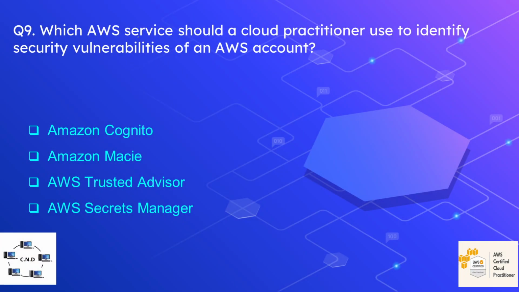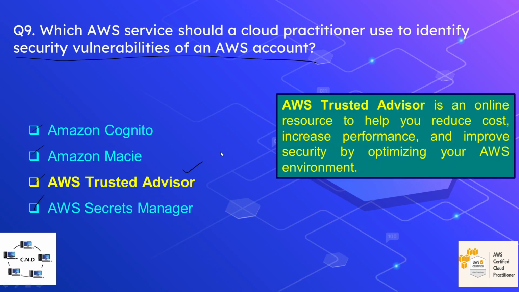Question number 9 is, which AWS service should a cloud practitioner use to identify security vulnerabilities of an AWS account? And the options are: option A, Amazon Cognito; option B, Amazon Macie; option C, AWS Trusted Advisor; and option D, AWS Secrets Manager. And the correct option is the AWS Trusted Advisor. So what is AWS Trusted Advisor?